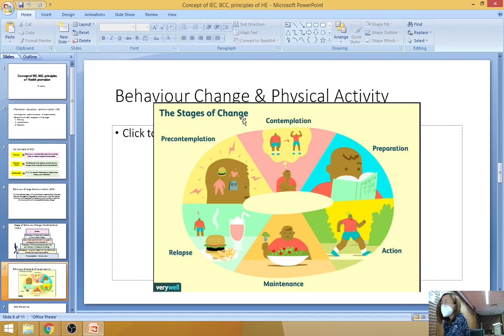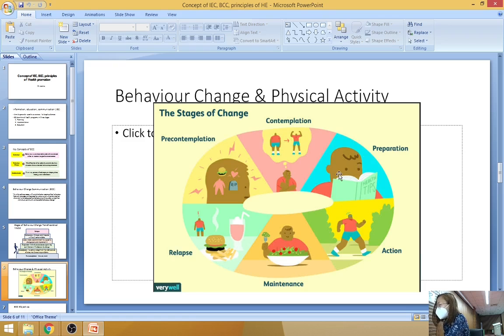This is the stages of change. Pre-contemplation, doesn't mind. Okay, then contemplation. Now he has started thinking, okay, if I exercise and all, then it will be good for health. Preparation, now he has started preparing, made up his mind, okay, what to do. Let me start exercise. Then he has started preparing it, like how long to exercise, how frequently, what kind of exercise, at what time.